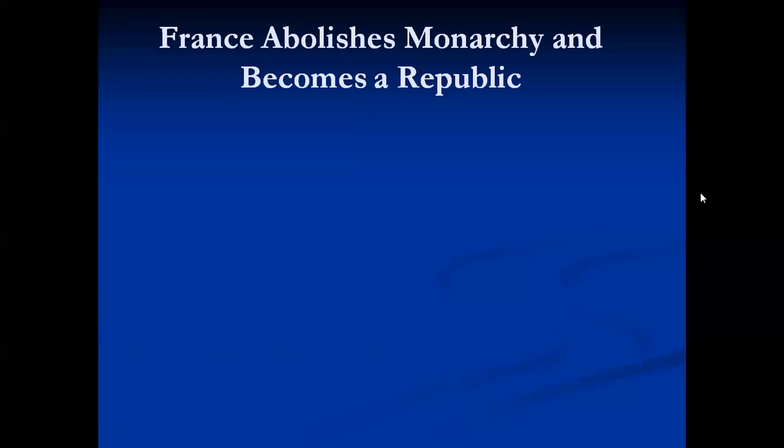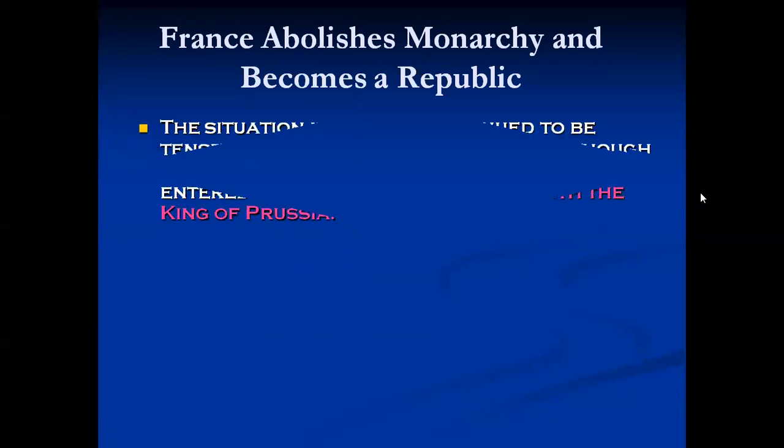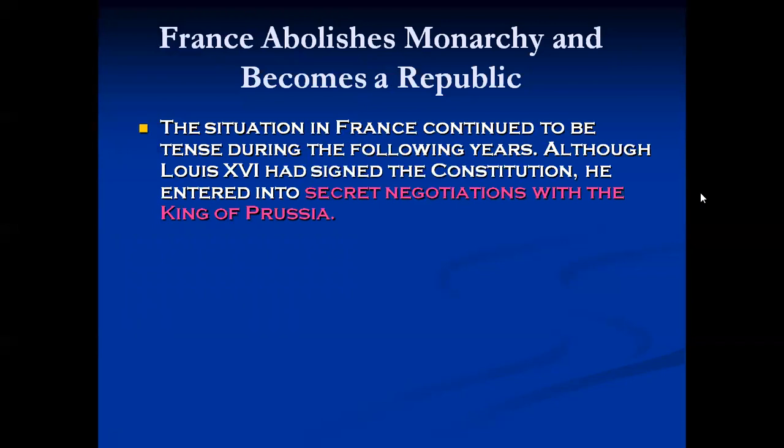Now coming to the next important part, that is, France abolishes monarchy and becomes a republic. What are the incidents that took place as France went from constitutional monarchy to become a republic? So the situation in France continued to be tense during the following years.